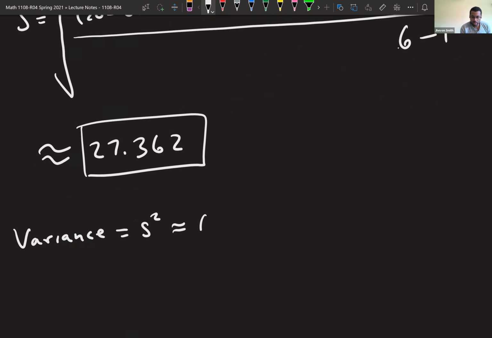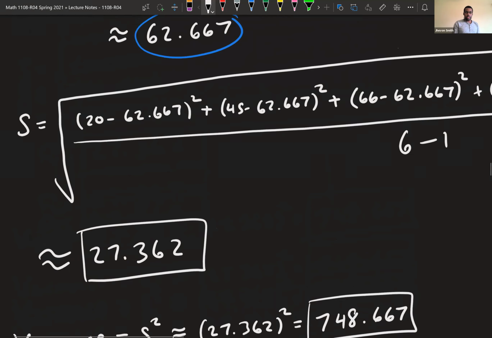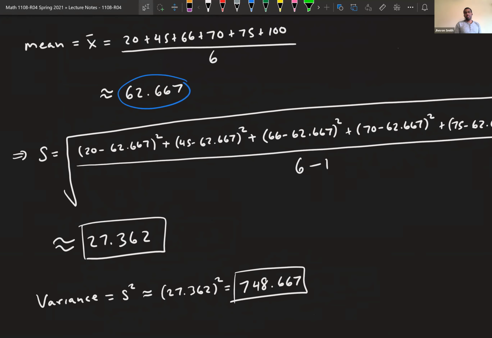So that's going to be roughly 27.362 squared, which is 748.667. And that's the standard deviation and the variance.